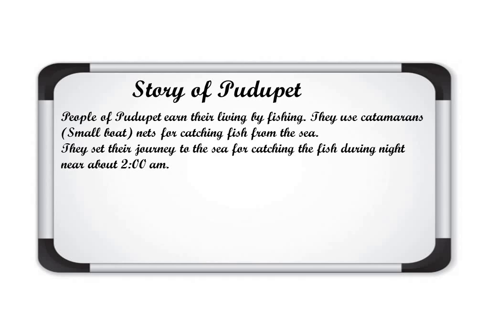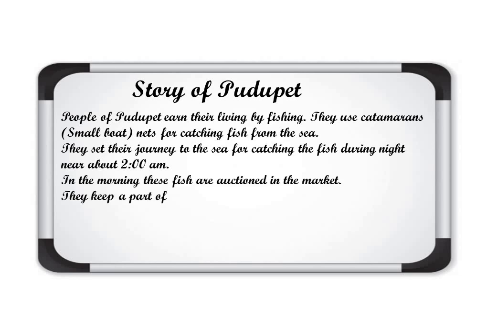They came late, and she describes all the complete work that they do. When they come back with the fish, they sell those fish in the market, and that is how they earn their livelihood. In the morning, these fish are auctioned or sold in the market.